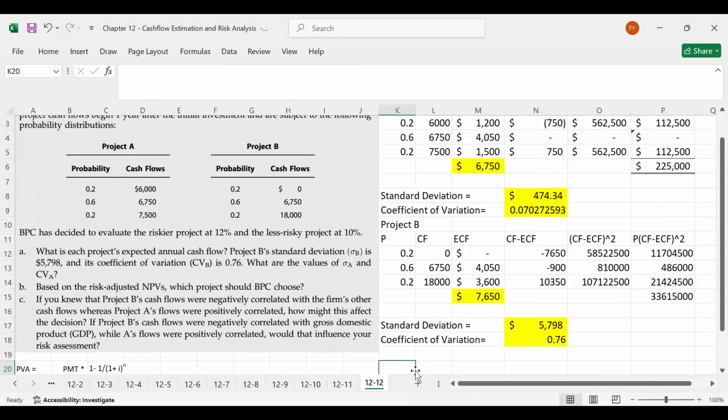So for the net present value, the formula is actually the risk adjusted NPV formula.